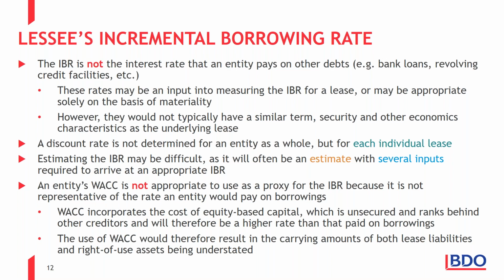So the IBR is not the interest rate you currently pay on other debt. However, handy starting point, handy consideration. Not the only thing. A discount rate is not determined for an entity as a whole, but it has to be determined for each individual lease. And it's because each individual lease would have different terms, different securities, etc., as discussed on the previous slide.